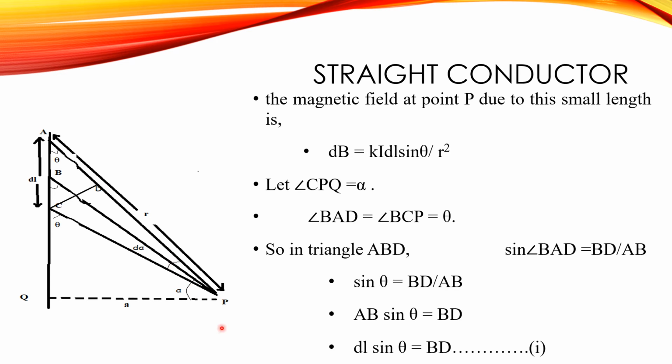Therefore, the magnetic field at this point due to the small length dl will be given by dB is equal to K I dl sin theta by r square. And this is from the Biot-Savart law.